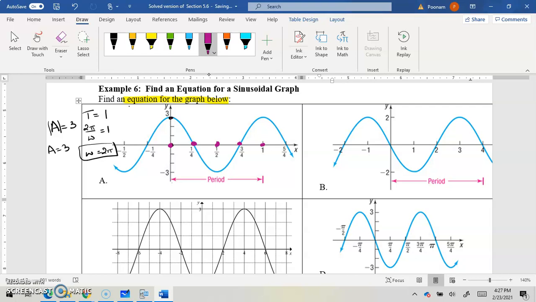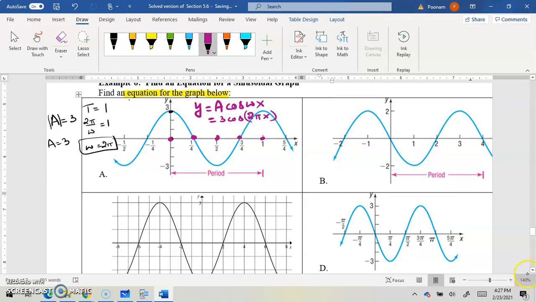At 0, sine function is 0. So this is a cos function. So I can write the equation y is equal to A cos omega x. So that would be A is 3, omega is 2 pi. So y = 3 cos 2 pi x. That would be the equation of this graph.